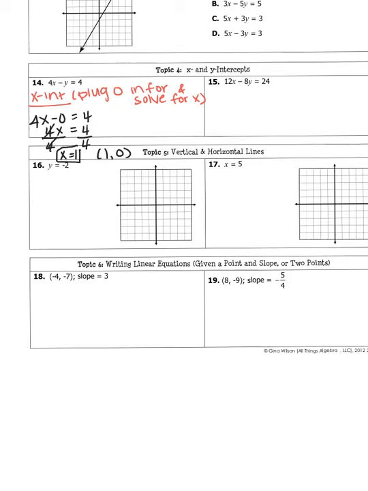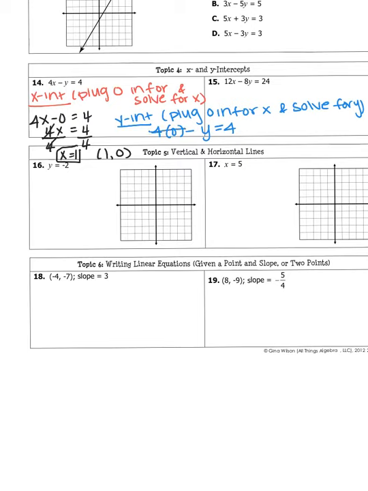To get our y-intercept, we're going to plug 0 in for x and solve for y. So very similar. So where there's an x, I'm going to change that to a 0. So instead of writing 4x, I'm going to write 4 times 0 minus y equals 4.